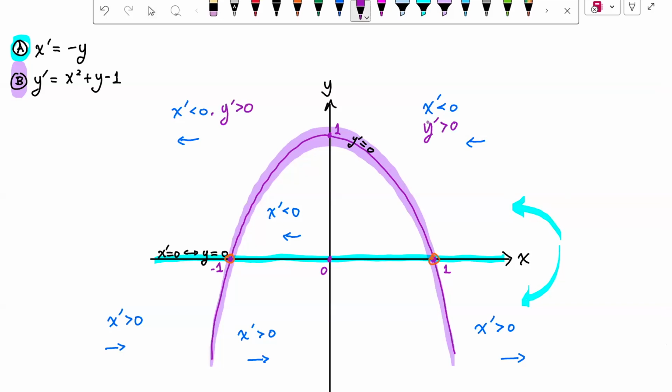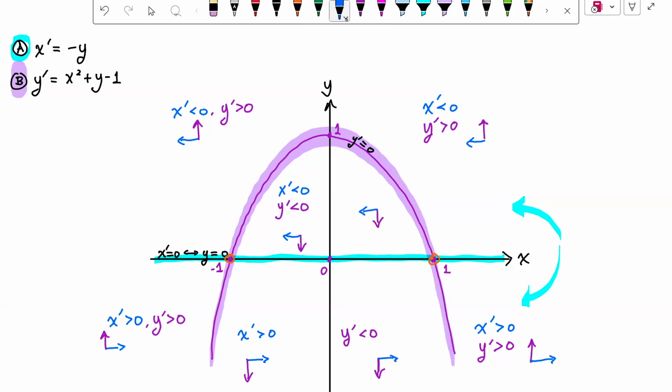Even below the x-axis, y prime is still positive when we are above the curve. So in these regions, let's draw the direction of flow appropriately. For y prime positive, we draw an upward arrow. And by similar reasoning, we can see that inside the curve, in other words, underneath the curve, y prime is going to be negative. And so the direction of flow is down.